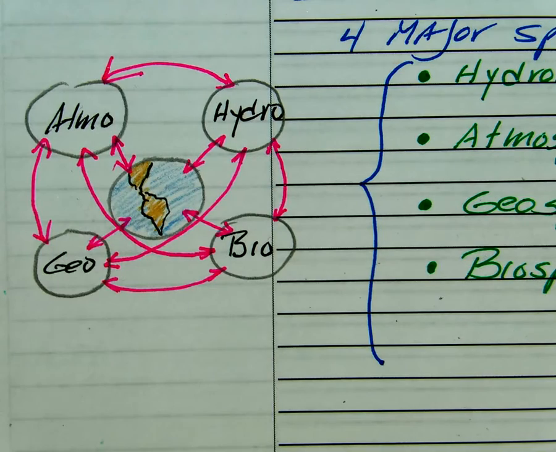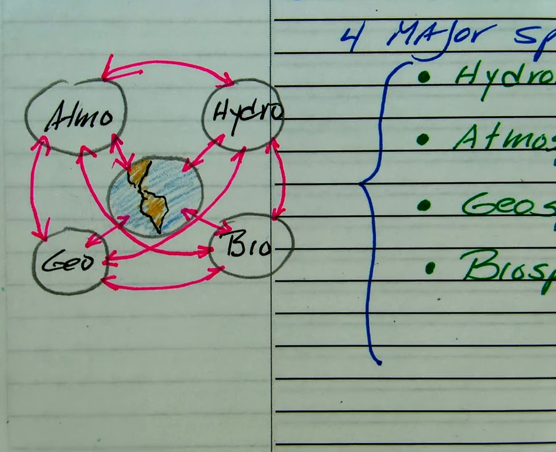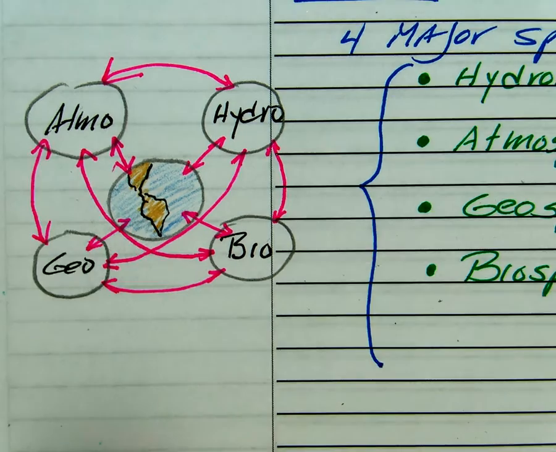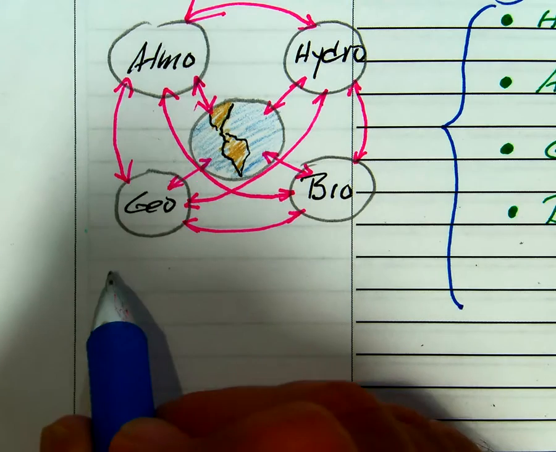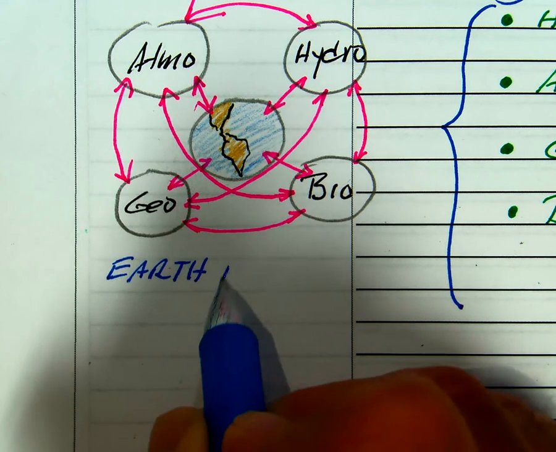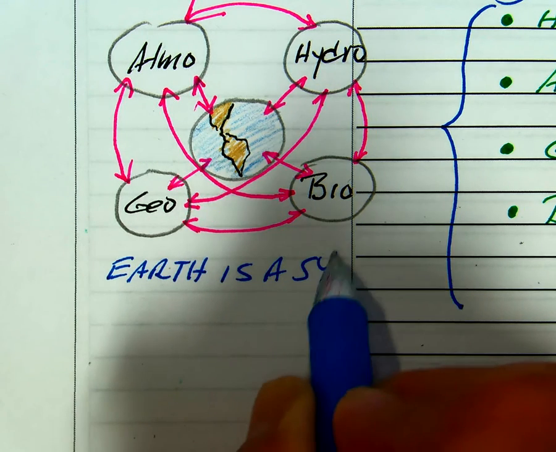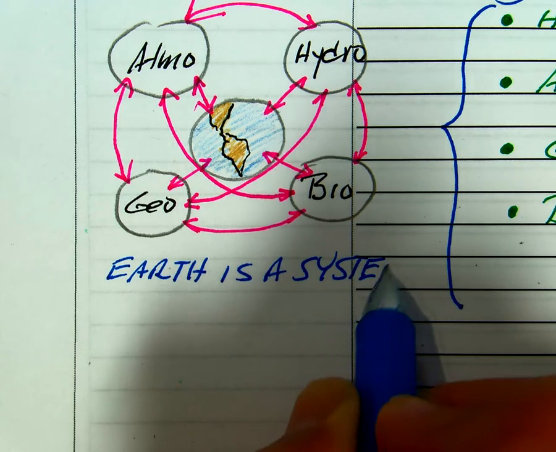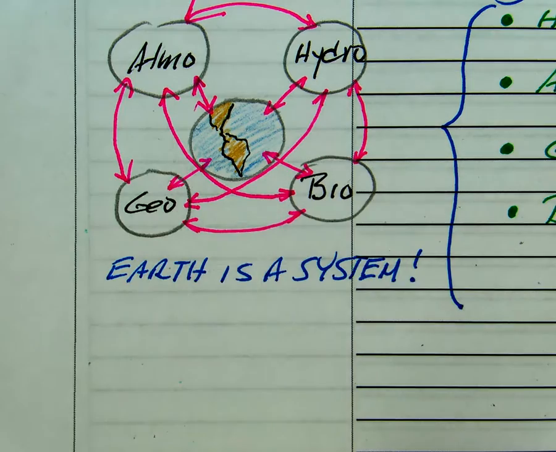And one of the key things you need to understand is that the Earth, and I'm going to label it underneath, that Earth is a system. Okay? Earth is a system.